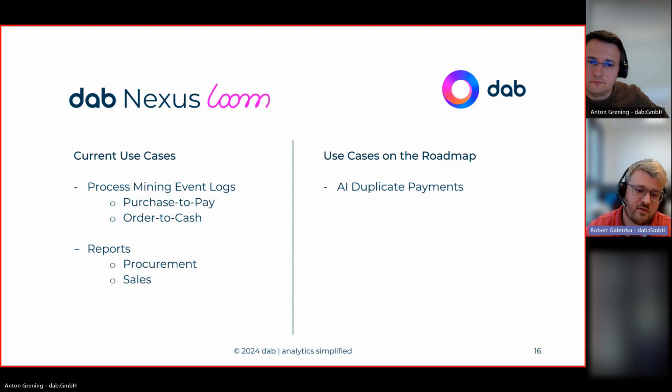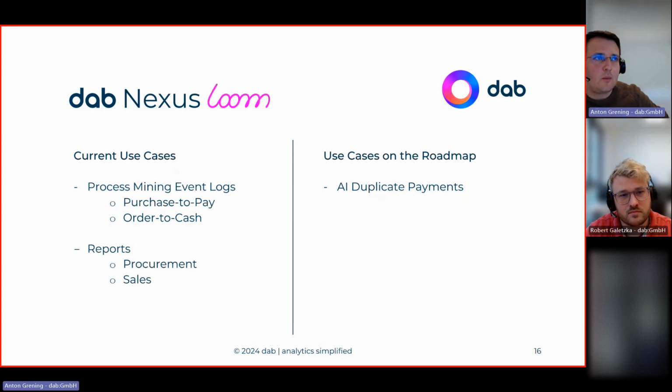So we provide currently reports for procurement and for sales, which have a level of dashboard showing some KPI values of your scope, and then as well some individual reports in those areas, like procurement and sales. Okay, what's coming up next? What are we working on right now? If you think of our analytics, what is the best selling one? Duplicate payments, of course.